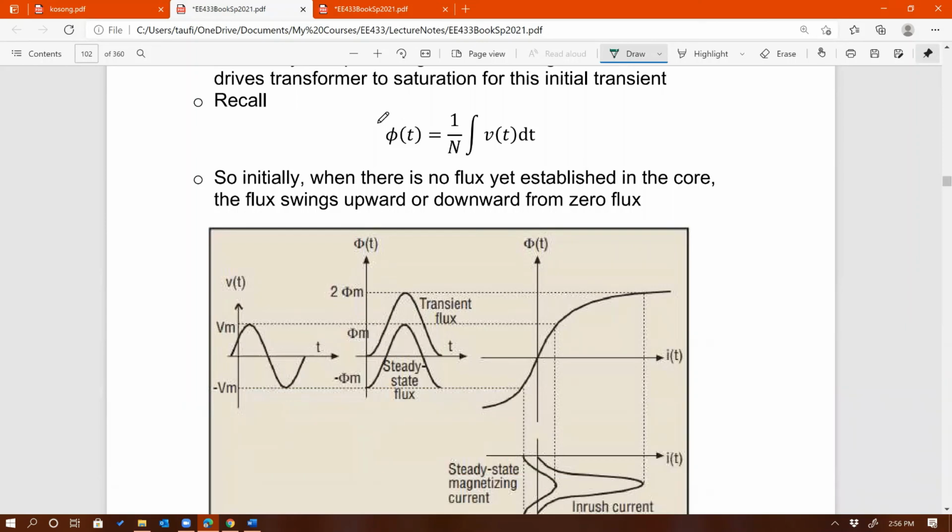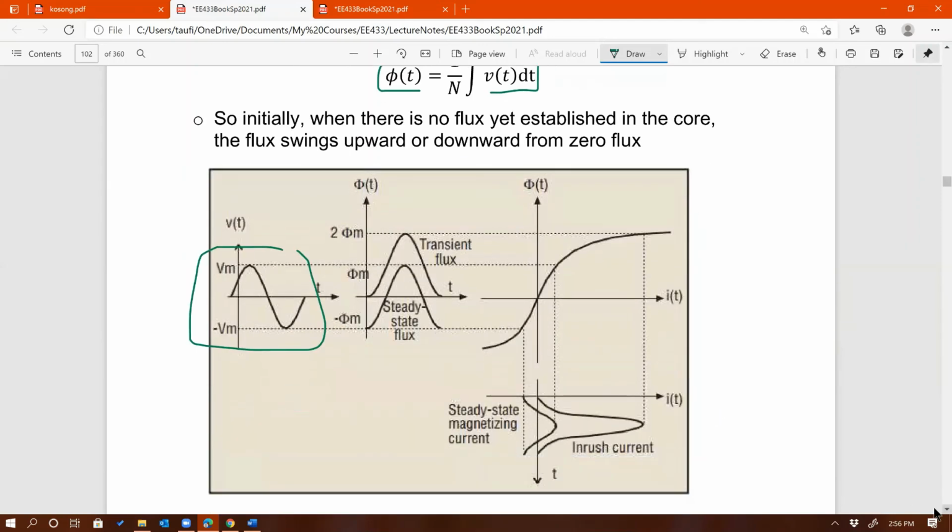We learned from the previous chapter that flux is the integral of voltage. So if you apply a sine wave, imagine this is a sine wave, V of t is a sine wave. Theoretically, flux of t with respect to time inside the core should be a cosine function. Which it is, but when you first start the power and the core is not magnetized yet, the flux starts from 0 right there.